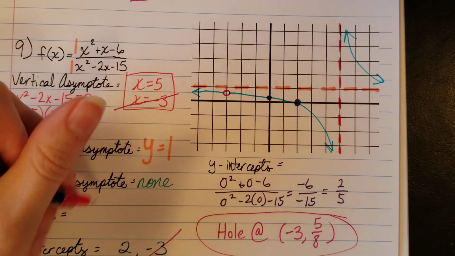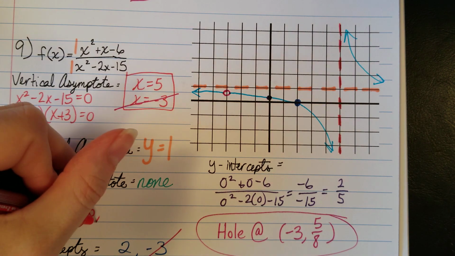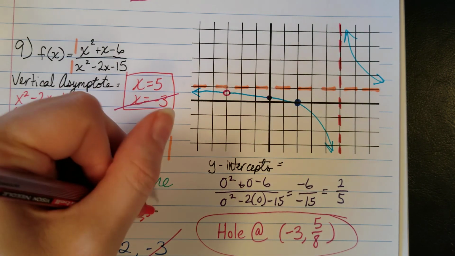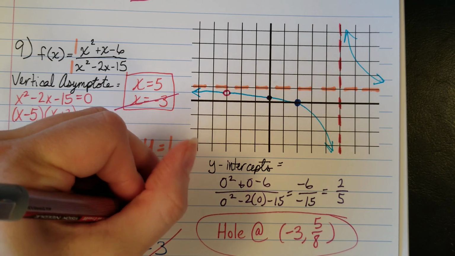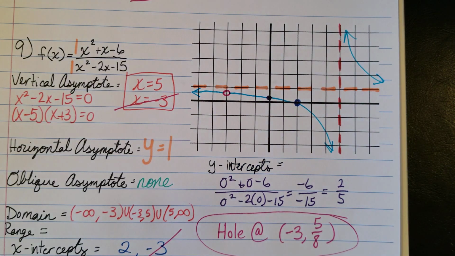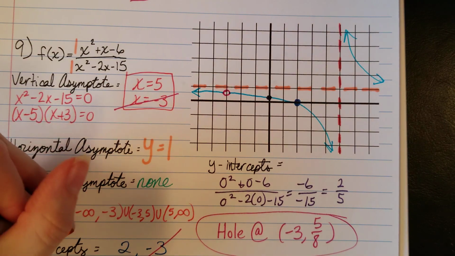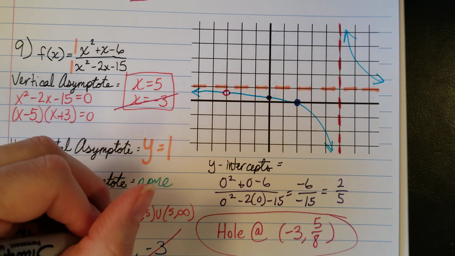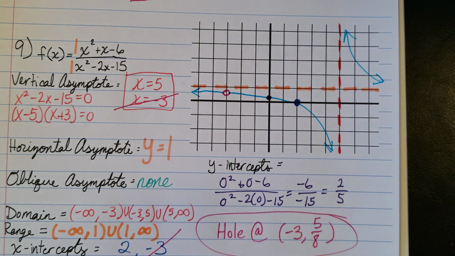So domain would be -infinity to -3, union -3 to 5, union 5 to infinity. And then the range is everything other than 1. So -infinity to 1, union 1 to infinity.